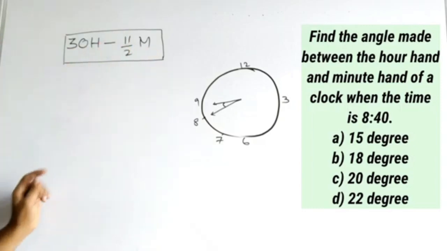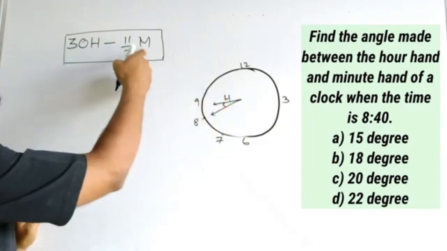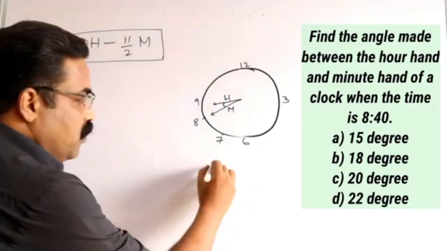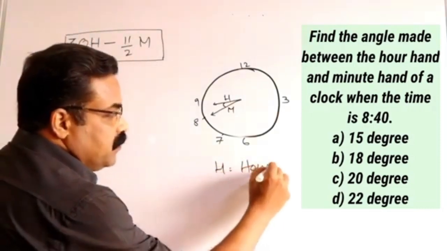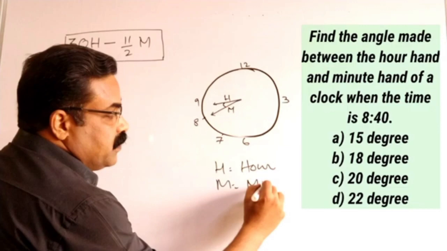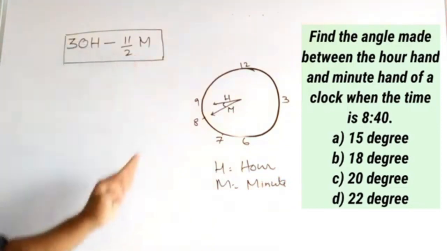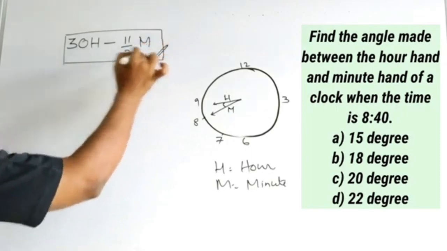H stands for hour and m stands for minute. Just remember this formula, that's it.